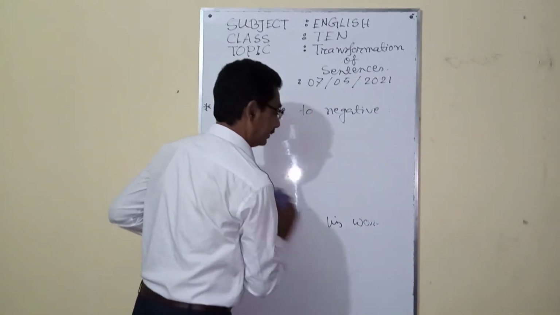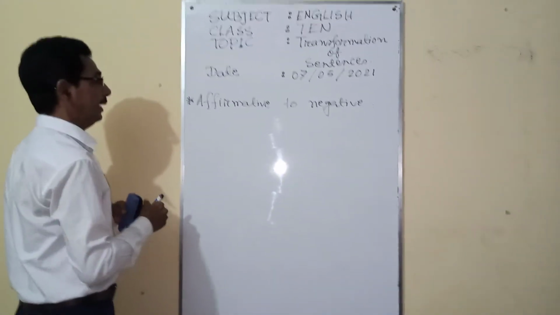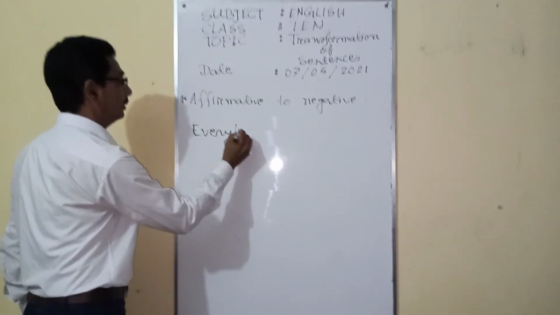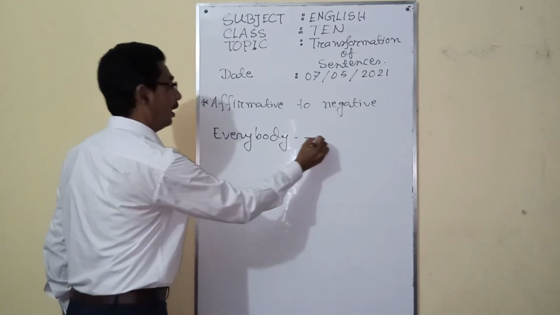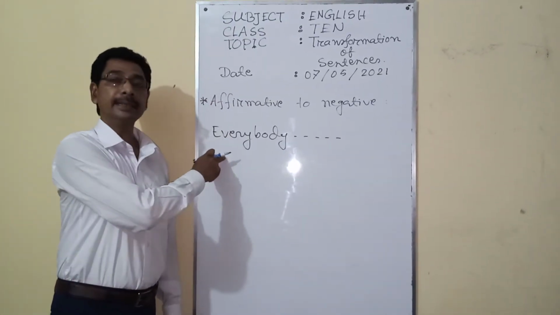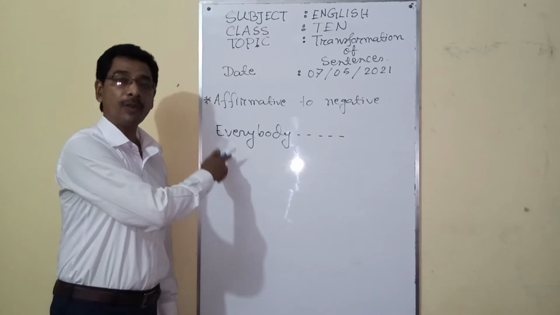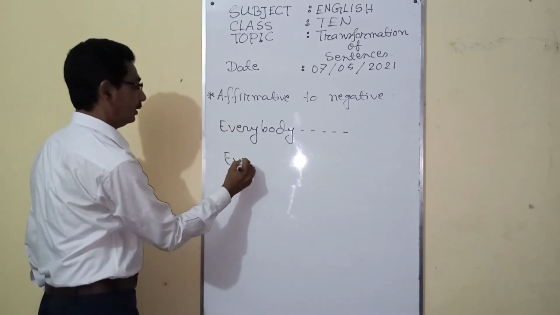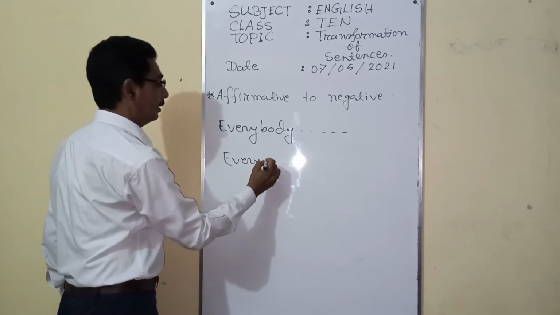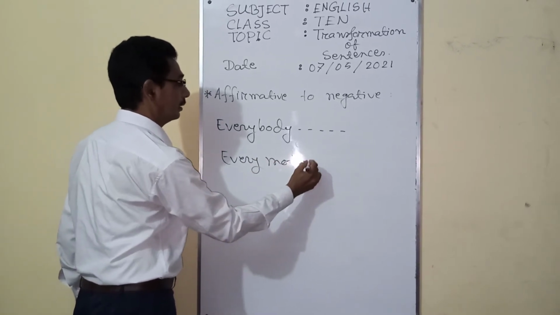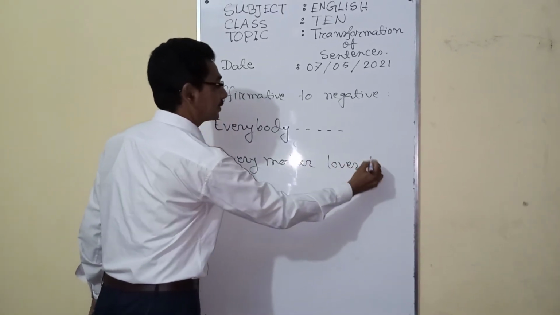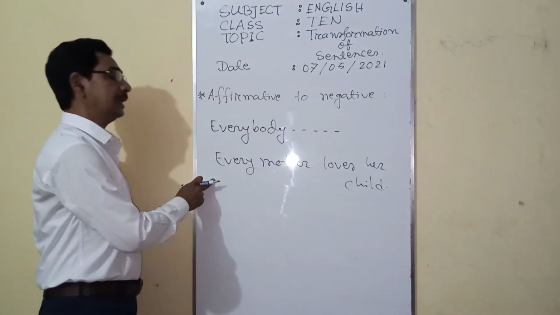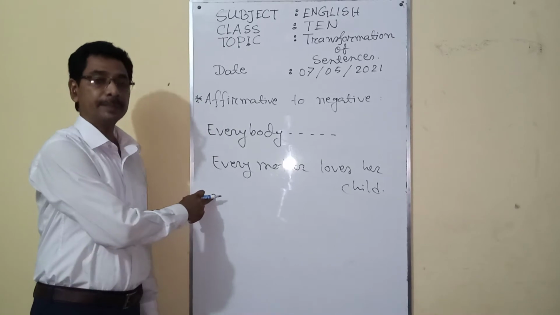If you find a sentence with everybody or every, how will you change this sentence from affirmative to negative? Now, every mother loves her child. This is an affirmative sentence.